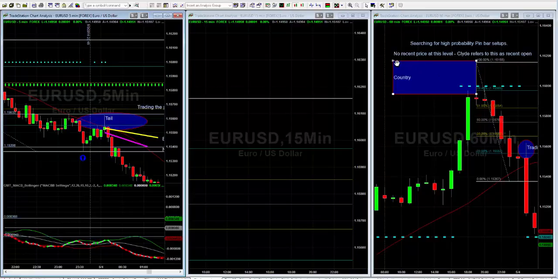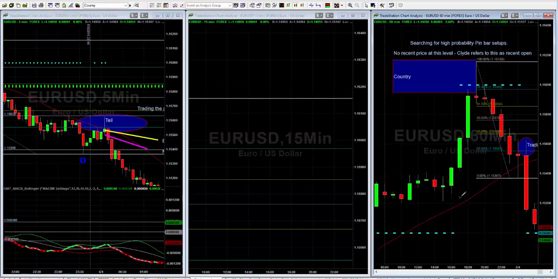Because if we don't trade in this recent open country area, which we don't, then as soon as we break our trend line or our moving average, so if we draw a shorter term trend line, as soon as we break that trend line, what is that a catalyst for us to do? That's our catalyst for taking the trade, isn't it?